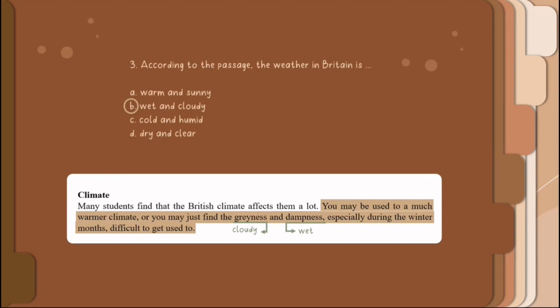So we can eliminate the two choices A and D first because they are opposite in meaning to the two words in the passage. And for C, at first sight, you might think it is the answer, but if you look at the word cold, it was not mentioned in the passage. So that's why we eliminate the choice C.